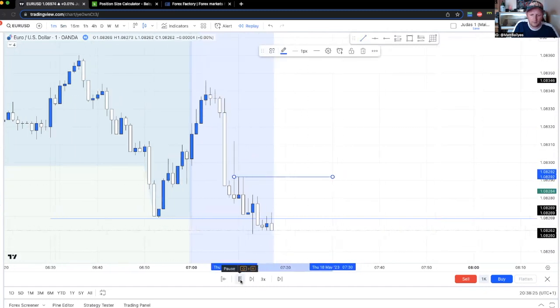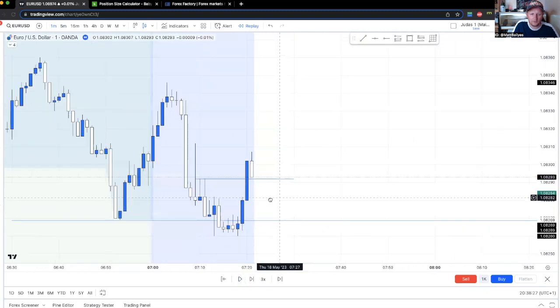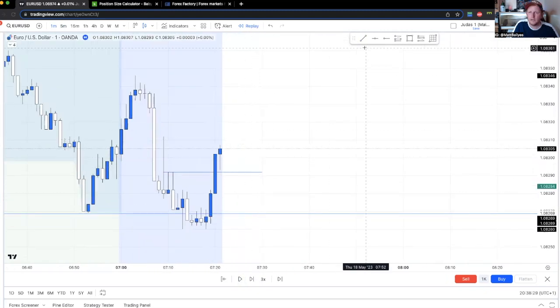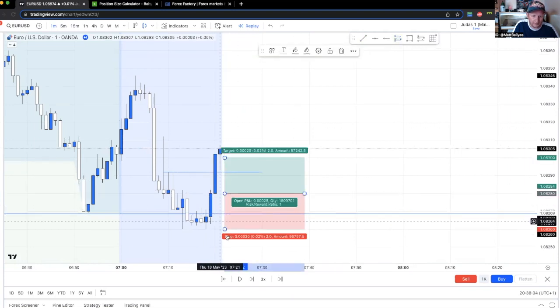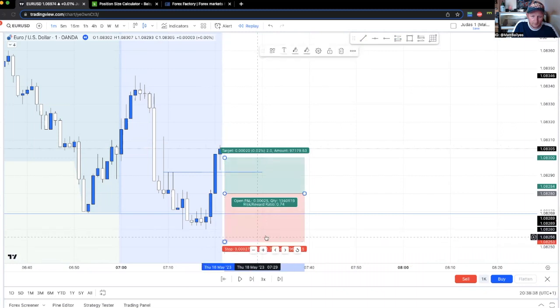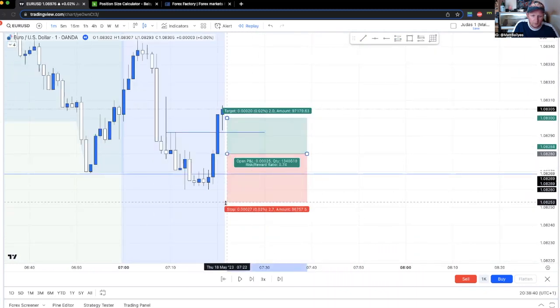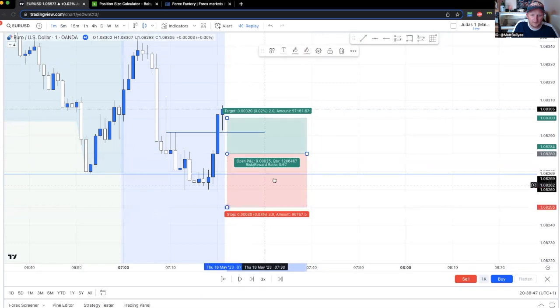Now we're going to let it play out. There we go. We got a sweep of our fractal high right there. We're going to get our buy tool, find a fair value gap, which is right here. And we're going to move our stop loss to a 3 pip. Why 3 pips? Because this is a 2 pip right here at the bottom, but I like to give myself a pip of breathing room, which is right there.